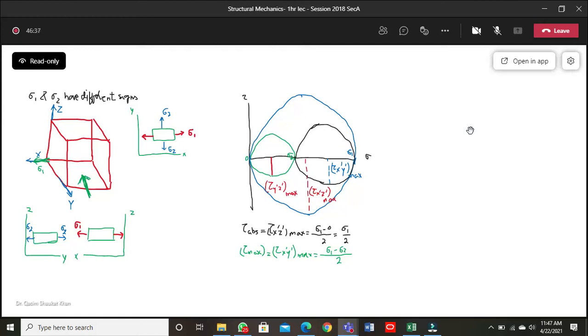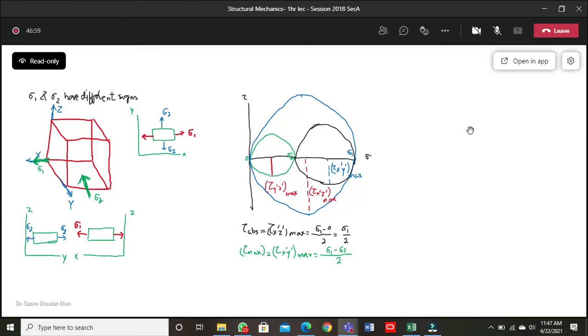So this is sigma 2, and in this case sigma 2 is compressive. Sigma 1 is still tensile. Now you have principal stresses which are of opposite sign.